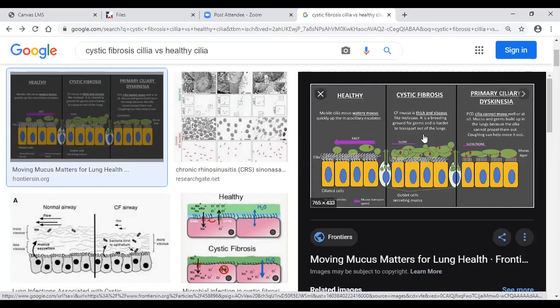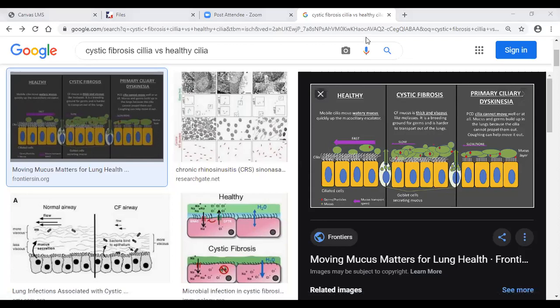When that CFTR gene is affected negatively, it affects this cilia negatively, and there is a larger accumulation of mucus, which then results in the accumulation of bacteria.